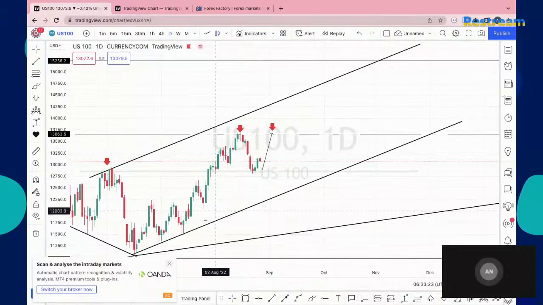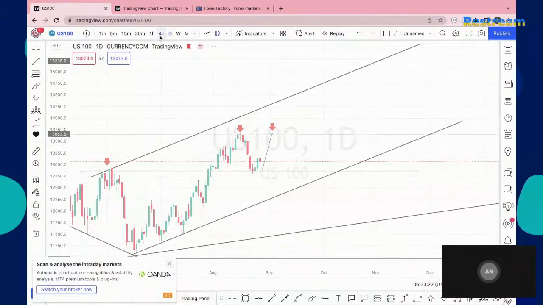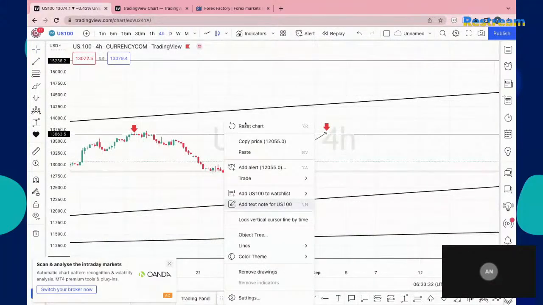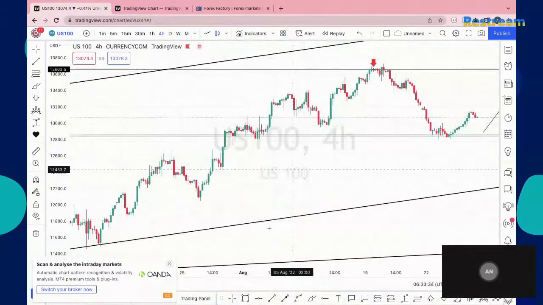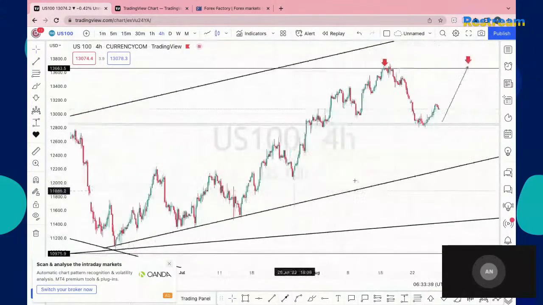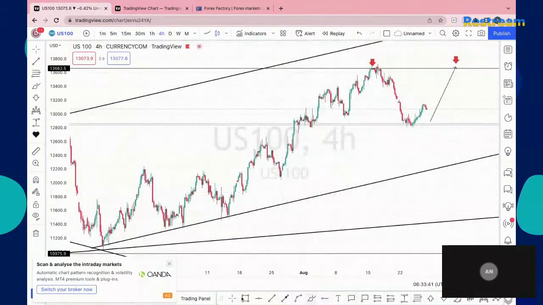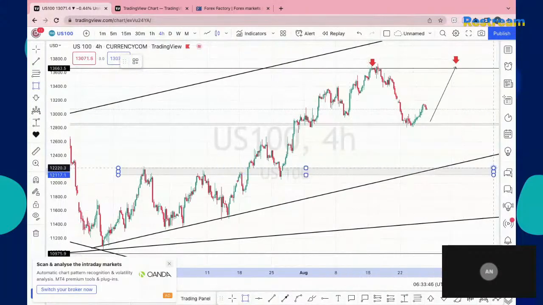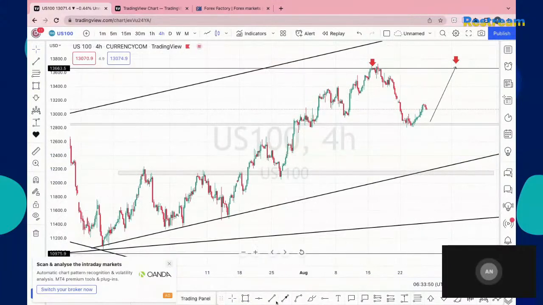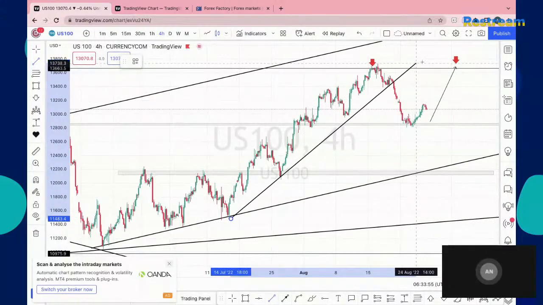I don't know if you see that. Yeah, I'm watching. Right, I'm gonna take it down to the 4 hour. Reset chart. When I take it down to the 4 hour, zone, where the push up here.